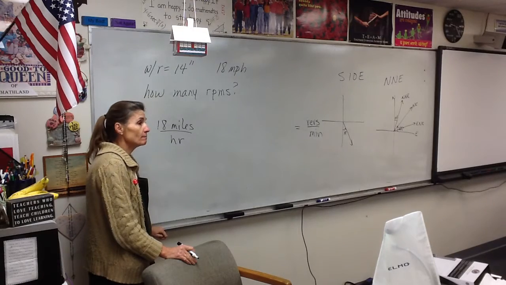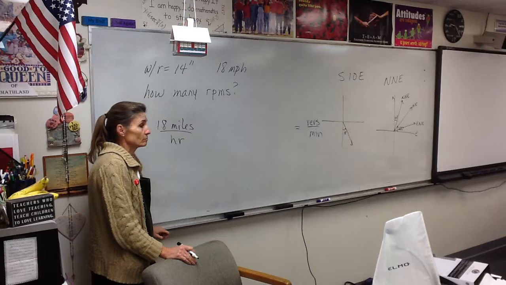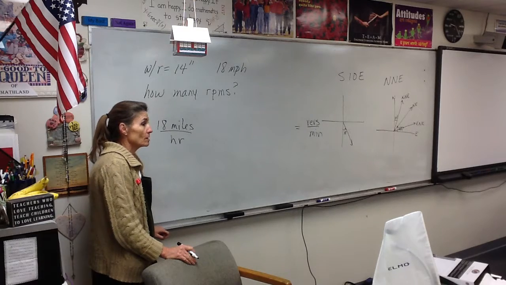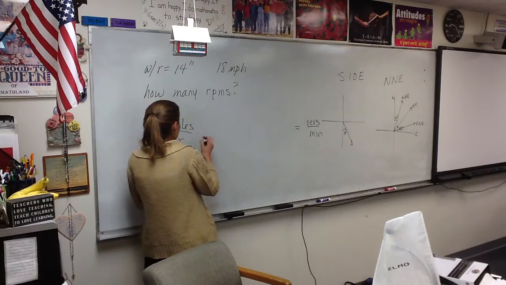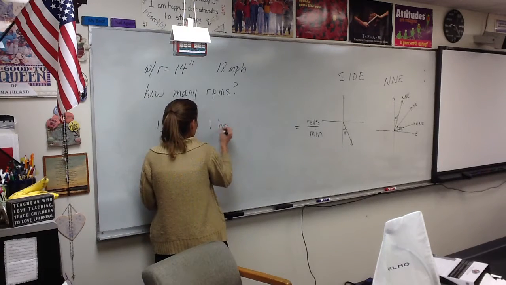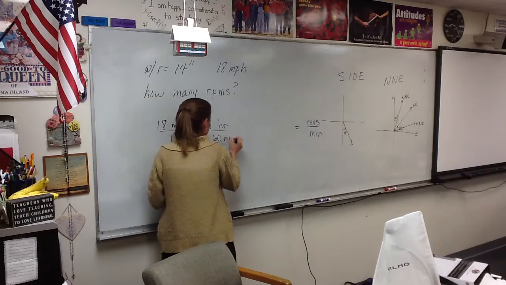So anybody have a thought on how we might start? 60 minutes an hour. All right, so we got hours, we need minutes, so that's an easy one to do. So we'll say that 1 hour is 60 minutes.